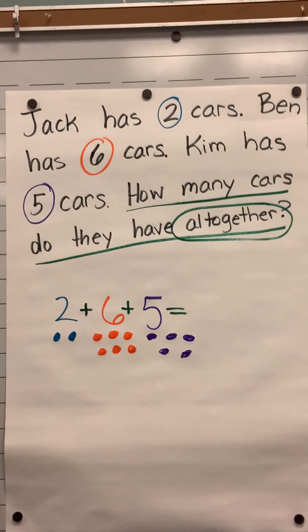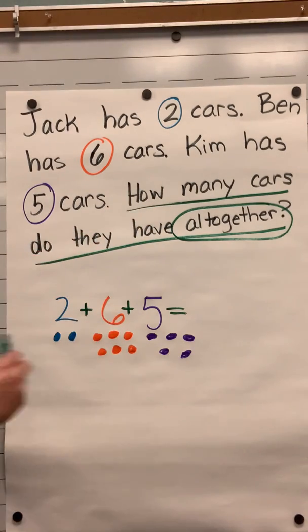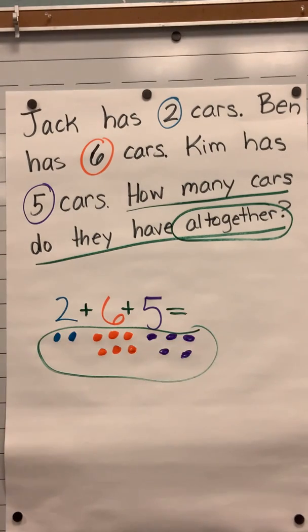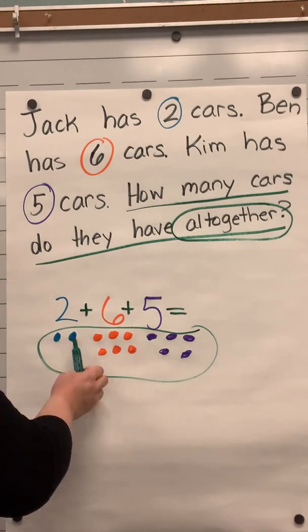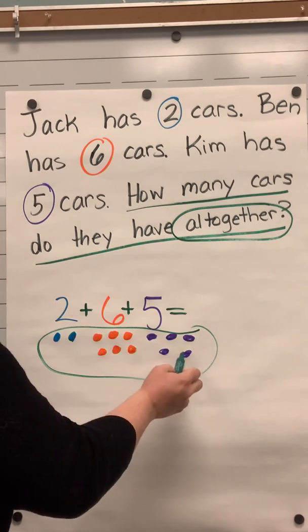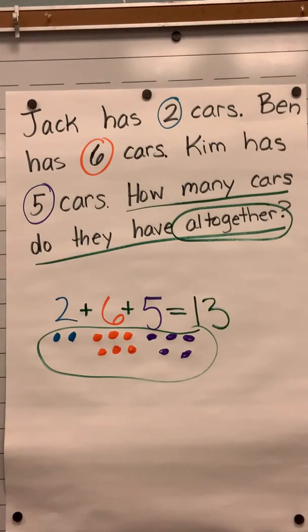Okay, now to get the answer of how many cars do they have all together, well, I have to put these cars all together and I have to count them all together. So I'm going to count them. There's 1, 2, 3, 4, 5, 6, 7, 8, 9, 10, 11, 12, 13. That means they have 13 cars.